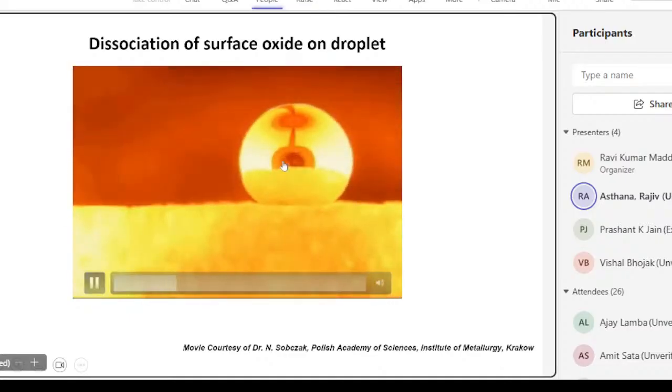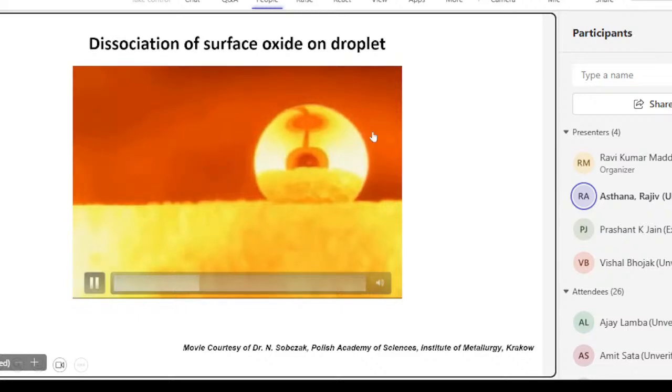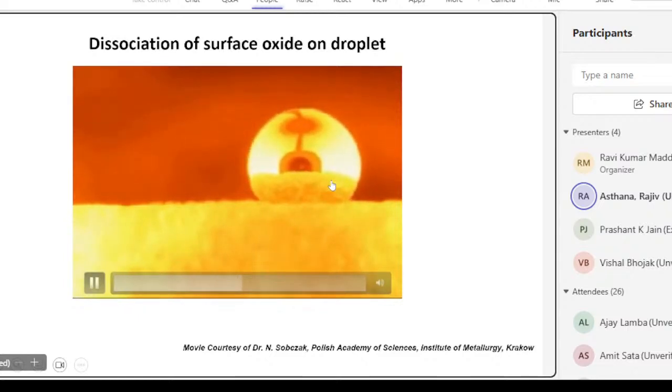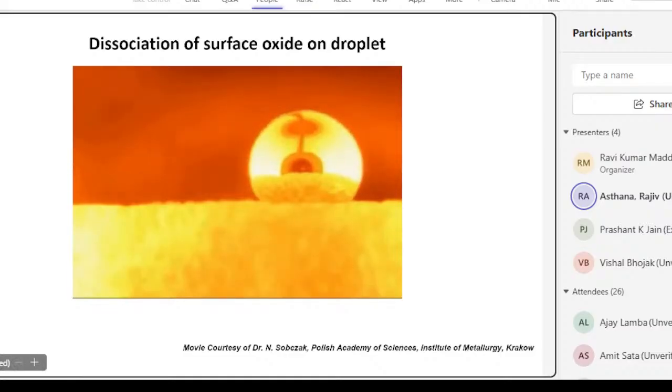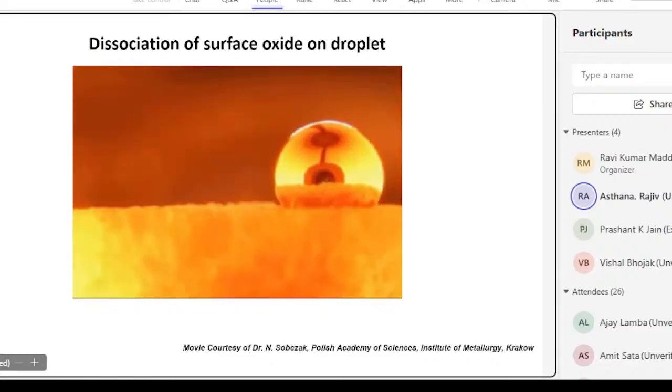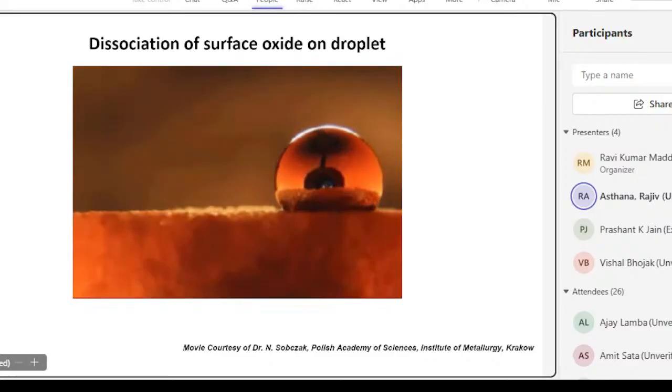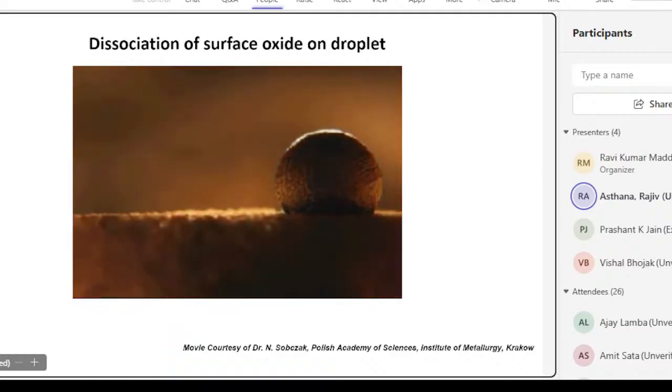So again, the droplet, you see the oxide broke off, and now this is a much cleaner aluminum metal. So in real practice, if you have molten aluminum in contact with, let's say, an aluminum oxide crucible, you will think that there is no spreading possible because of oxide on aluminum.